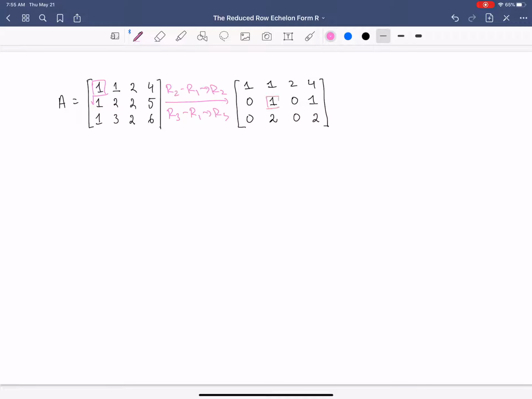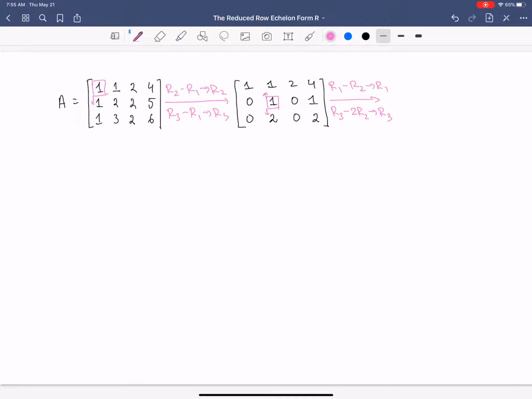Here is the second pivot. We eliminate underneath it. In fact, we could do something dual because it's already 1. We could eliminate underneath and above at the same time. So we would have R1 minus R2 into R1, and we would have R3 minus 2R2 into R3.